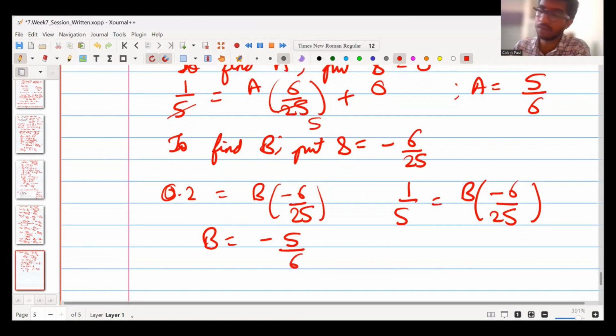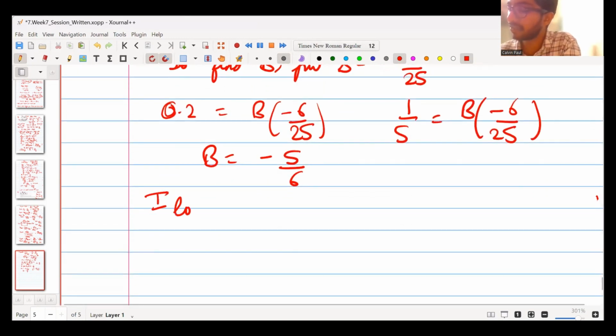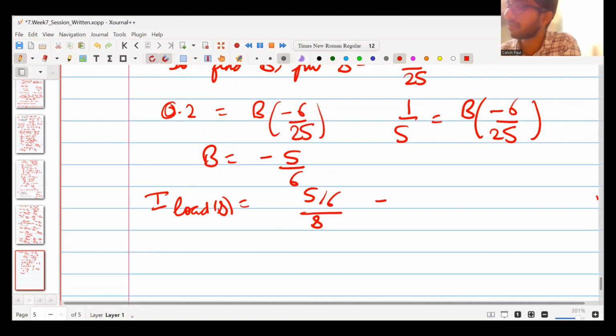Okay. So now you will get the function of S, that is A upon S, that is 5 by 6 upon S minus 5 by 6 upon S plus 6 upon 25, right?